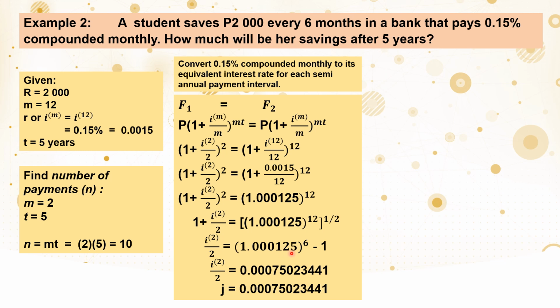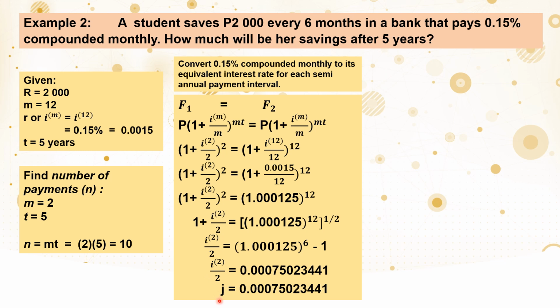Now, simplifying 1.000125 raised to 6 minus 1 it is now equal to 0.00075023441. Use the calculator in simplifying this and copy all the answers. Then I sub 2, I raised to 2 over 2 is now our J.